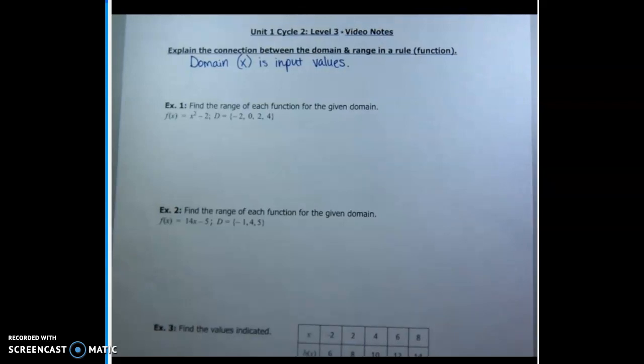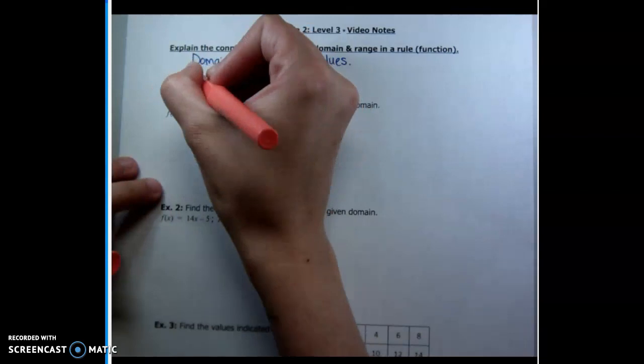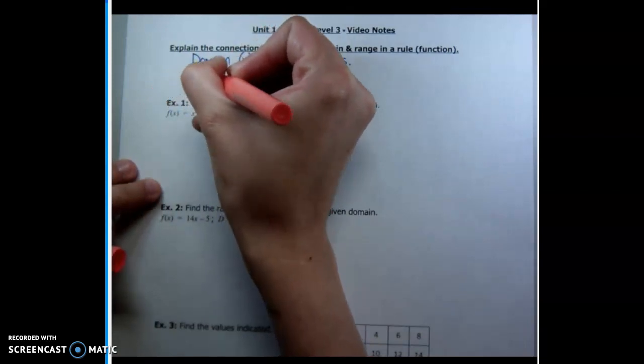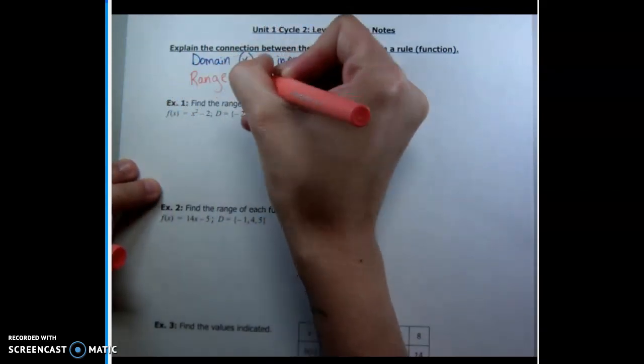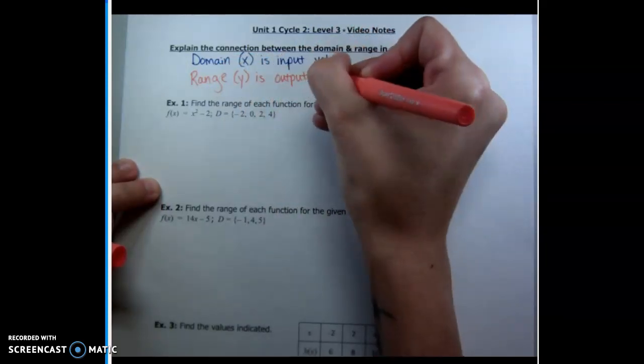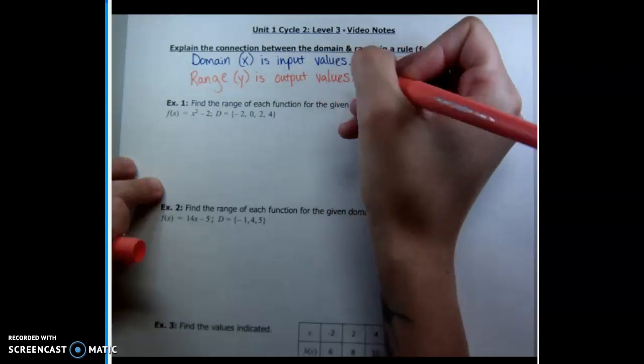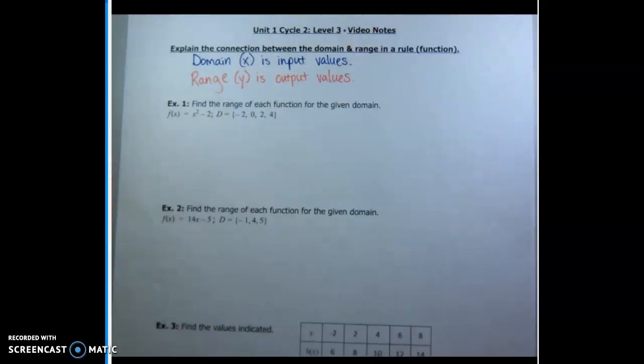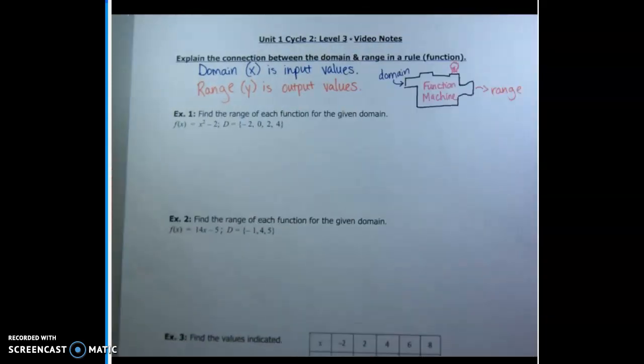And then the range are the output values. So domain goes in, range comes out.